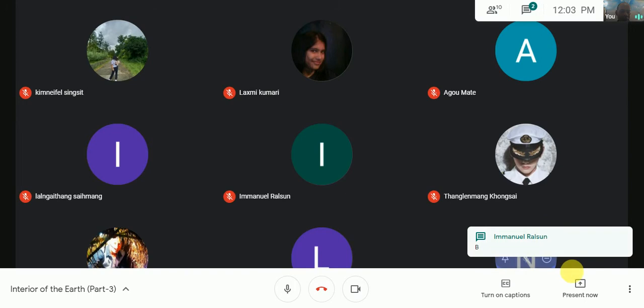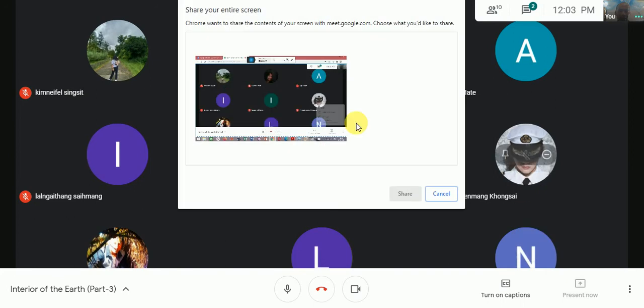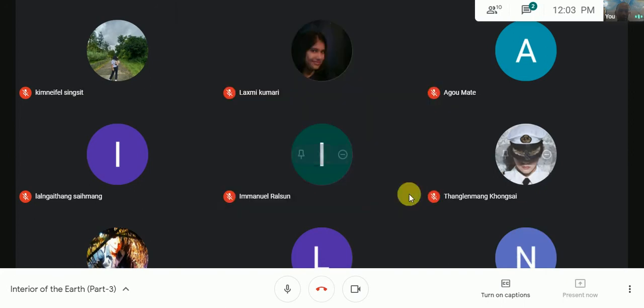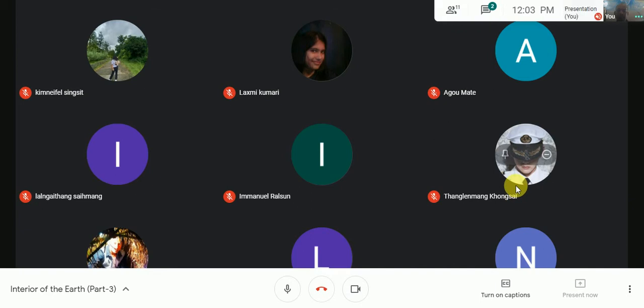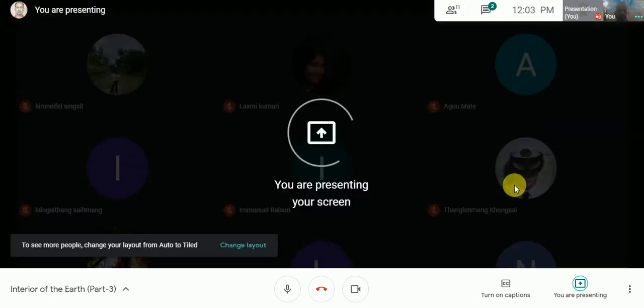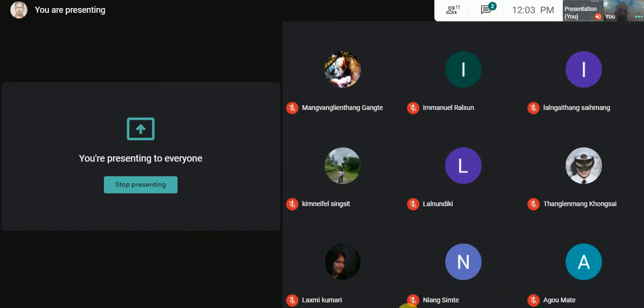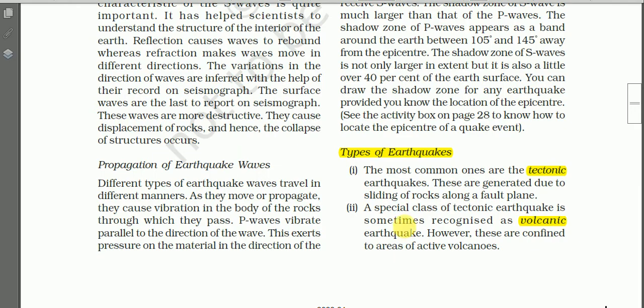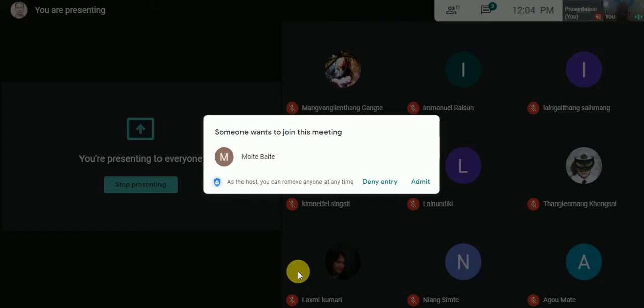Now I will present types of earthquakes. Actually, we have 5 types of earthquakes.